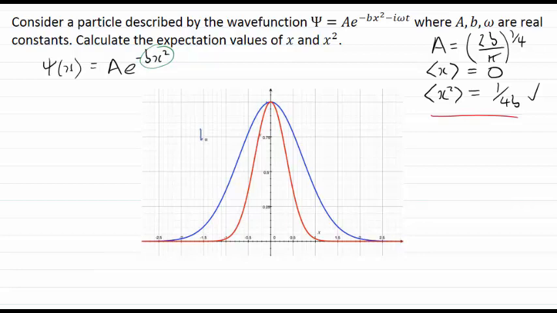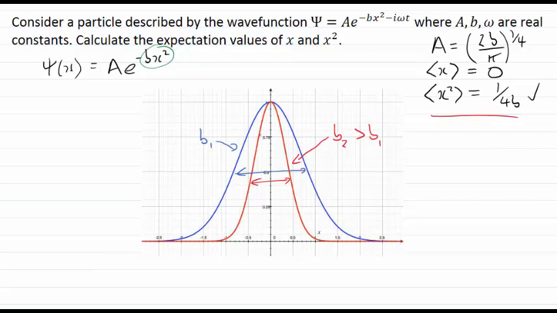We might say that this blue curve has some value b1, and it turns out that if you then sketch out this red curve that has a value of b2 that's larger than b1, we can see the width of this distribution gets smaller as that b value gets larger. So certainly that red distribution has a much smaller width than this blue distribution. That tells us we have the correct behavior: as b increases we get a narrower distribution, and therefore we'd expect a decrease in this expectation value of x squared.